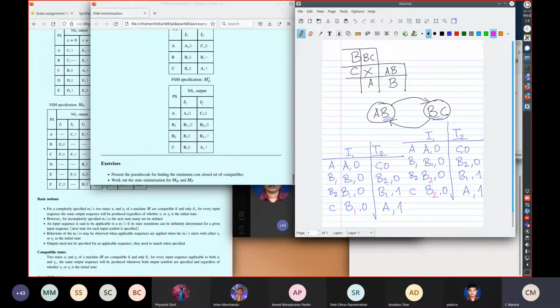So we are making A and B1 compatible, and C is made compatible with B2, after state splitting. B is split into B1 and B2.